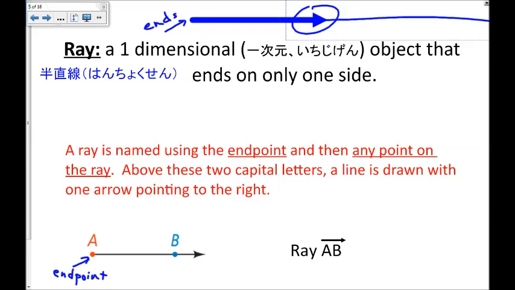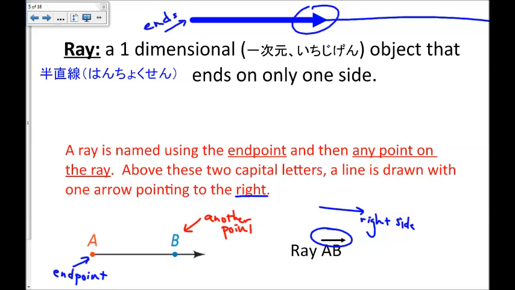Above these 2 capital letters, a line is drawn with one arrow pointing to the right. The arrow is always pointing to the right. Okay, so this ray is named with the end point and then another point. Okay, like this.